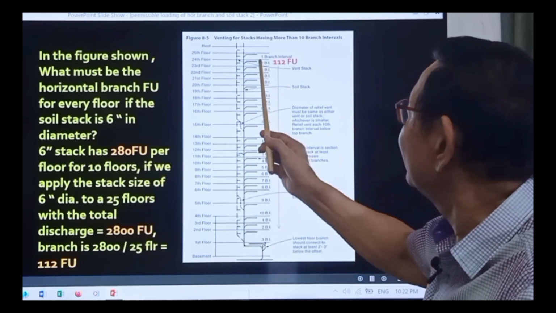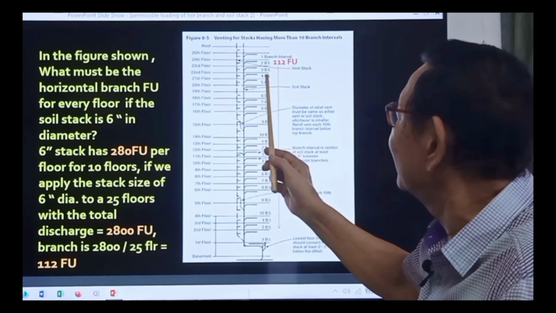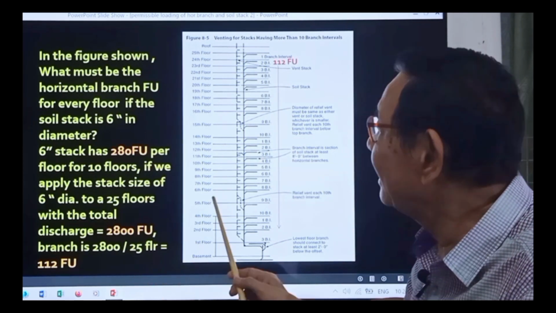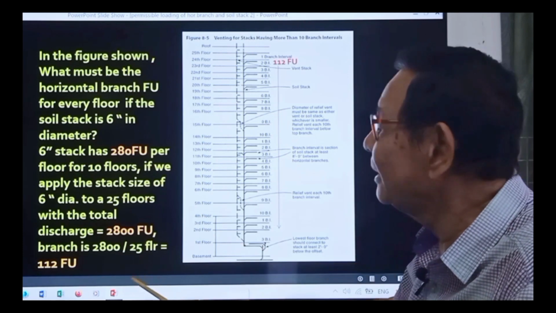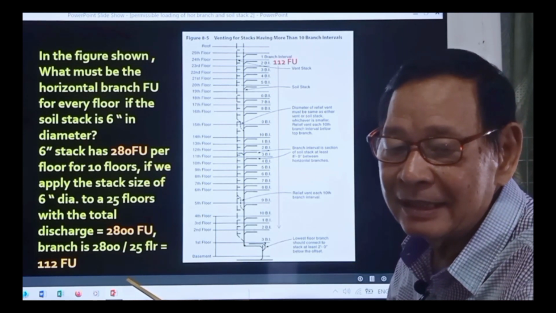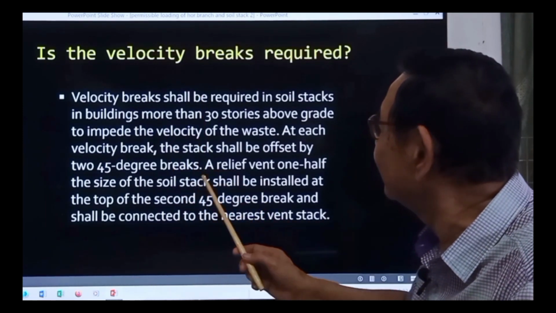So, ibig sabihin yan, itong mga branches na ito, makapag-discharge na lang ng 112. Pero inabot siya ng 25 story.